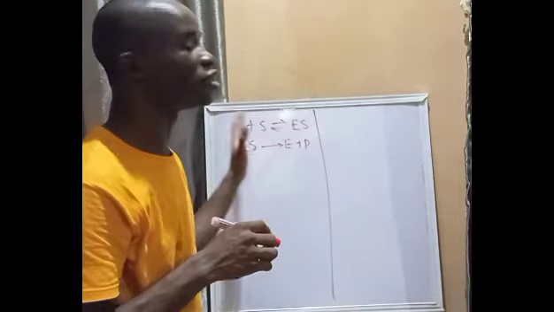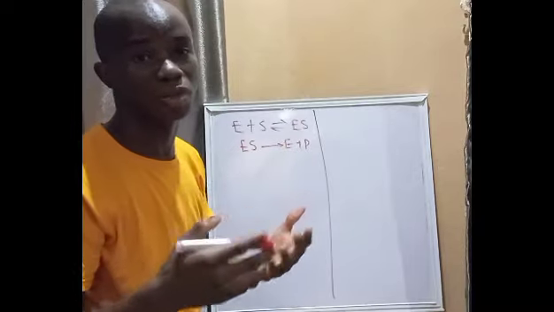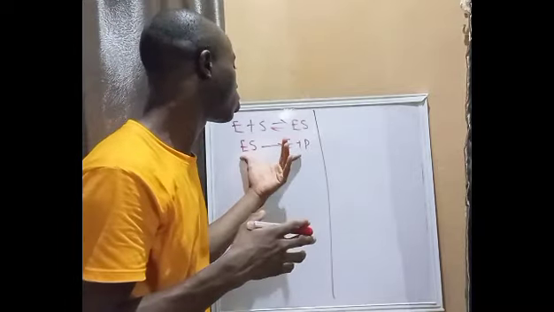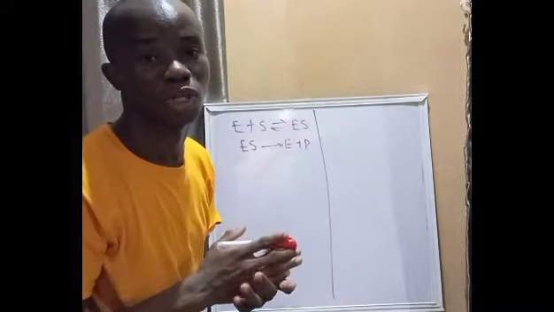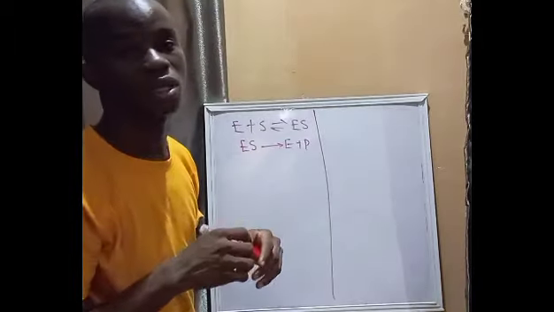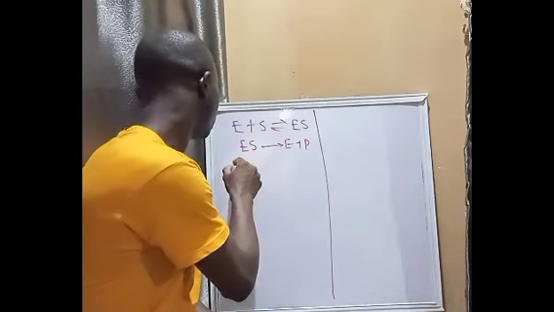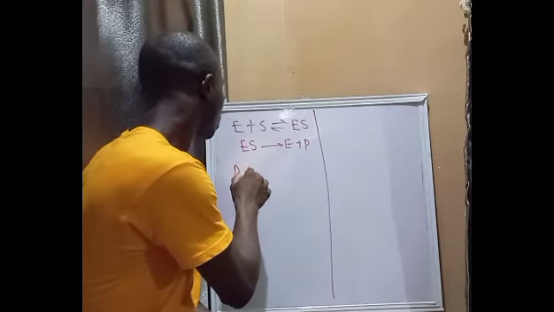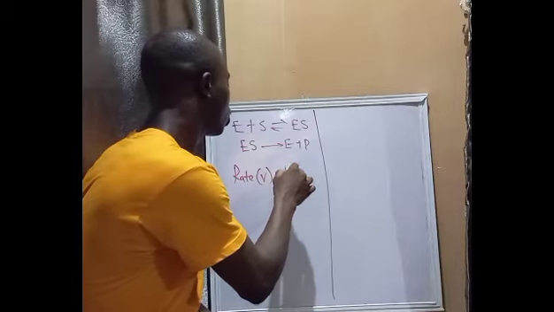The rate of this reaction depends on this second step. So the rate determining step is this second step, and with the rate determining step we can write the rate expression or even what we call the rate law. So from this rate determining step, we can say that the rate, represented by v, equals to k2.